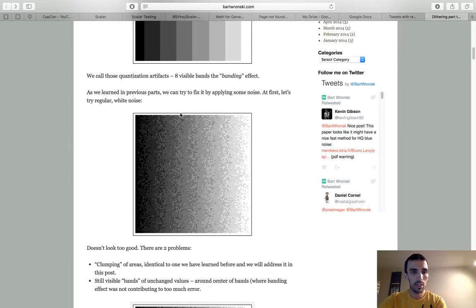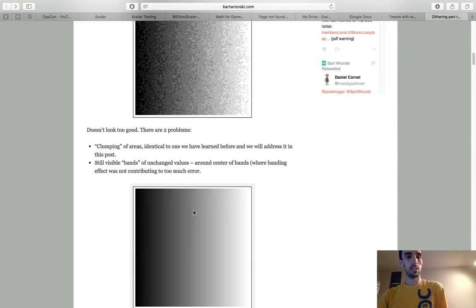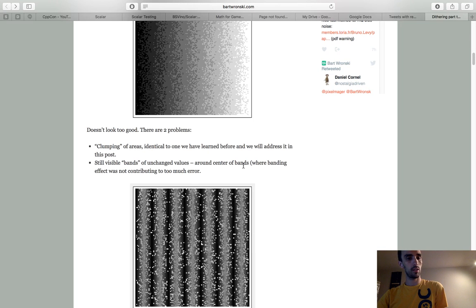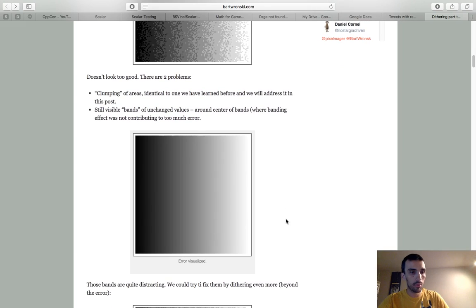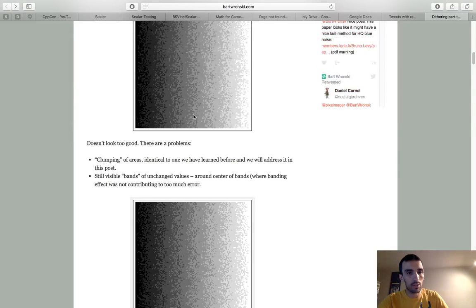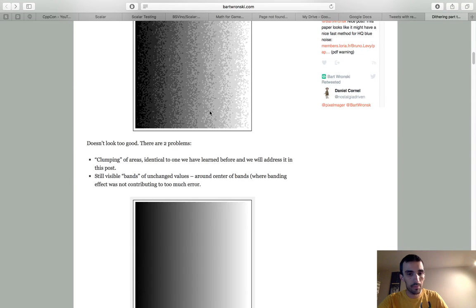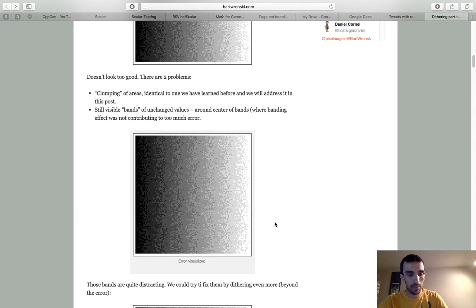This looks better if you kind of stand back and squint, but it still doesn't look that great. Because of clumping of areas identical one to one, we've learned before, and how we'll address it in post. Still visible bands of unchanged values. Yeah, like right there in the middle, where the banding effect was not contributing too much error.